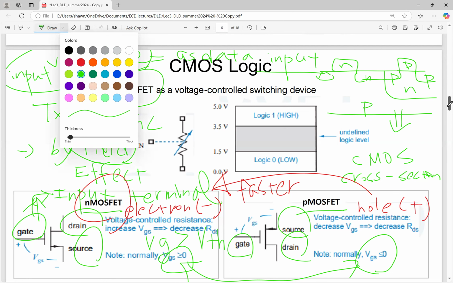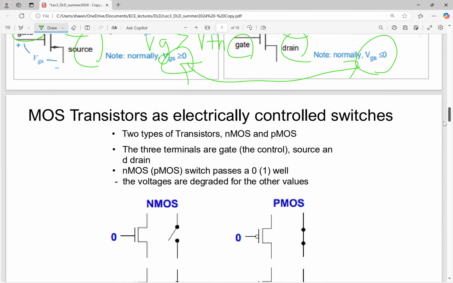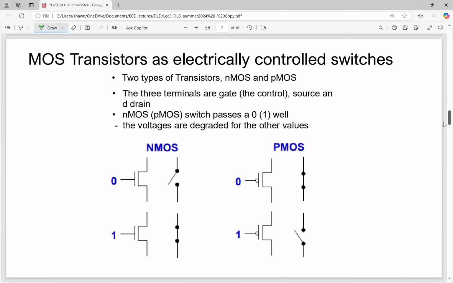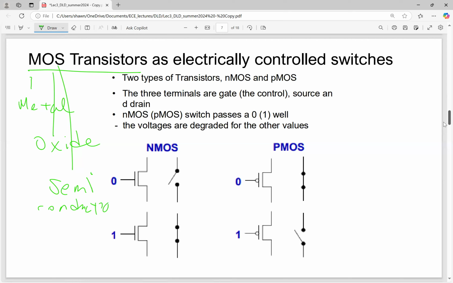Okay, and back to the CMOS logic. As we know, MOSFET stands for metal oxide semiconductor field effect transistor, which acts as an electrically controlled switch.